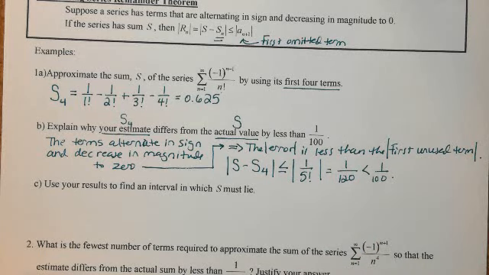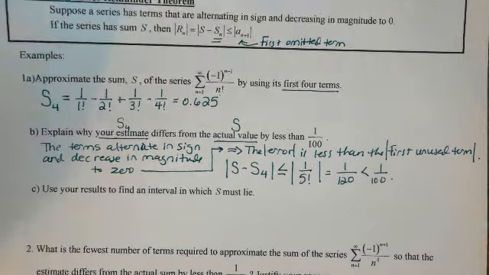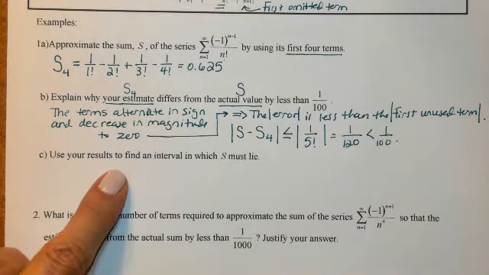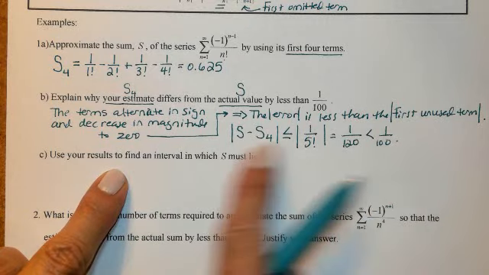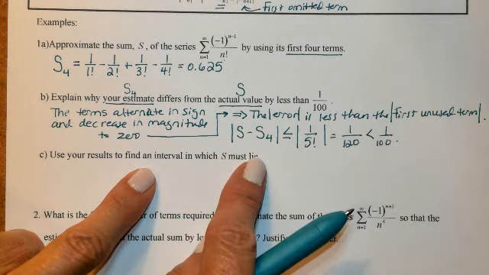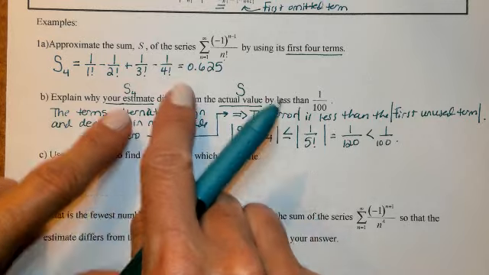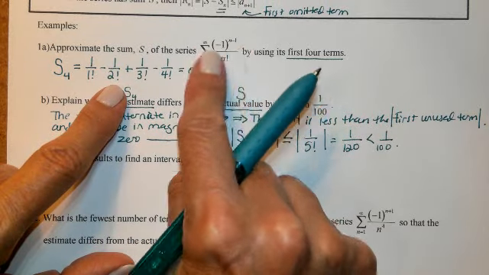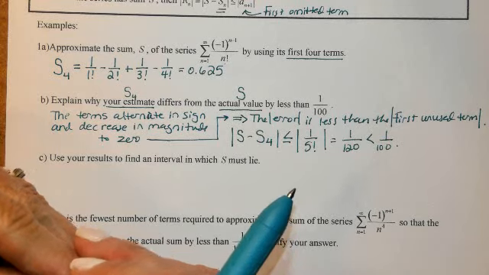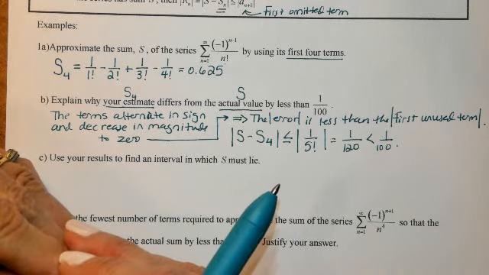So that's it. That's that one. Not too bad. Hopefully it makes sense. Now we're going to use the results here to find an interval in which S must lie. So even though we cannot find the actual sum, we're finding an interval in which the actual sum must lie.